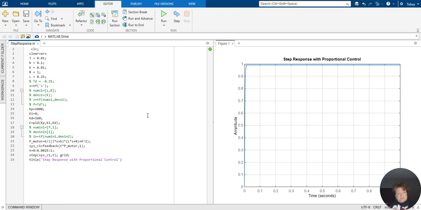Alright, so here's a step response calculation with a proportional control. What this is a good exercise for is understanding how the relationship happens between Kp, Ki, and Kd. For instance, you can see how the curve is right now.